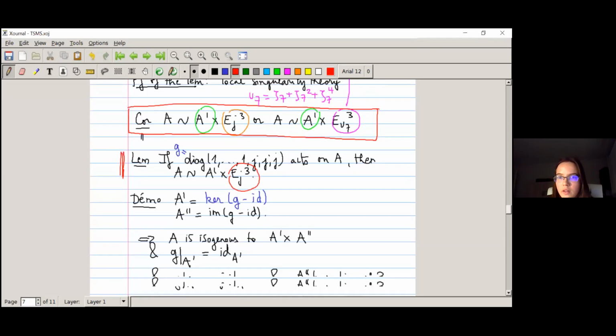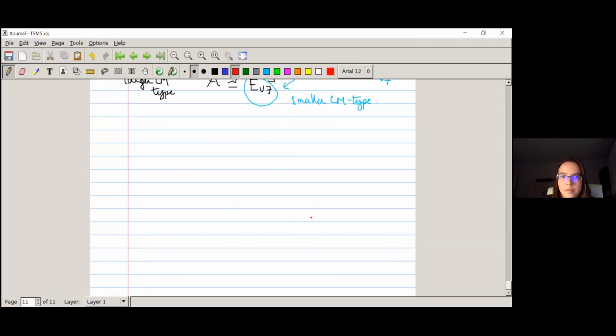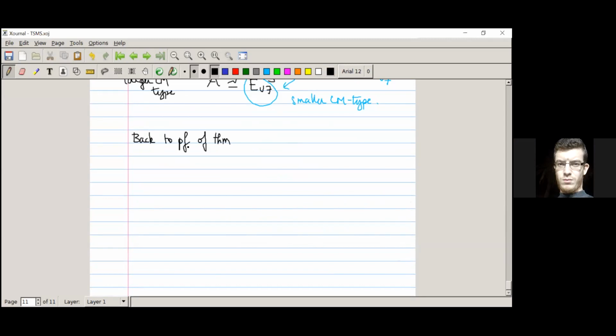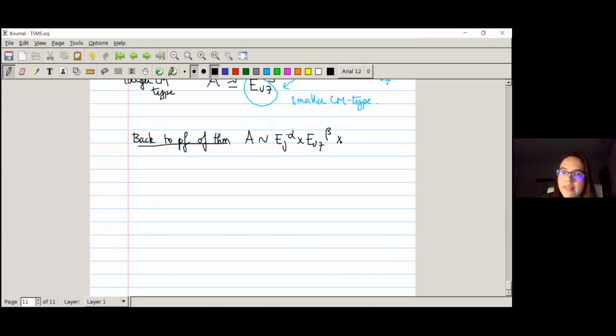And now what we do, back to the proof of the theorem. Complex multiplication told us that A is isogenous to E_J to some power alpha times E_U7 to some power beta times A', with alpha or beta positive.